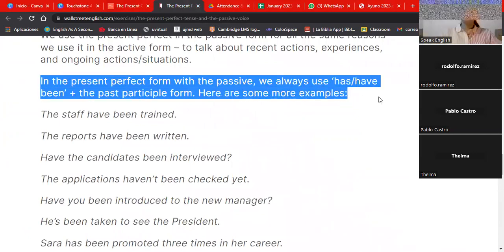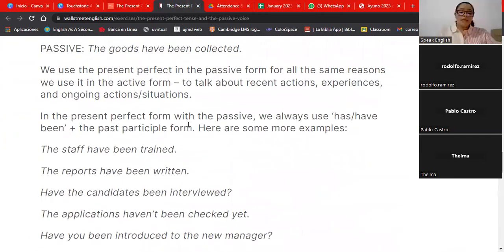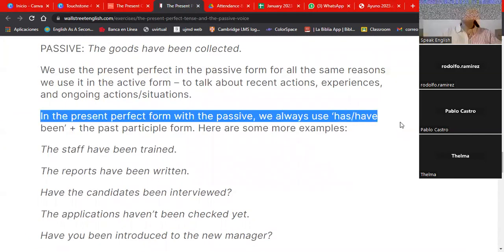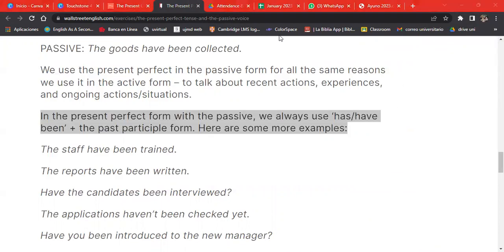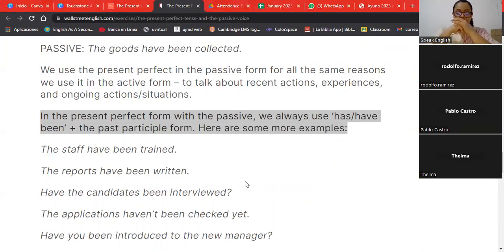Let's read this information that we have over here. Pablo, can you please read this information? In the present perfect form, with the passive, we always use has, have, been, plus the past participle form. Here are some more examples.